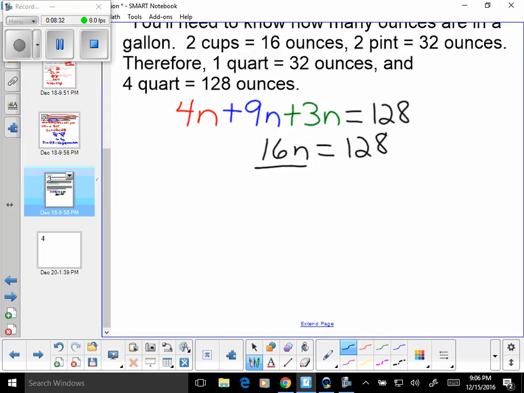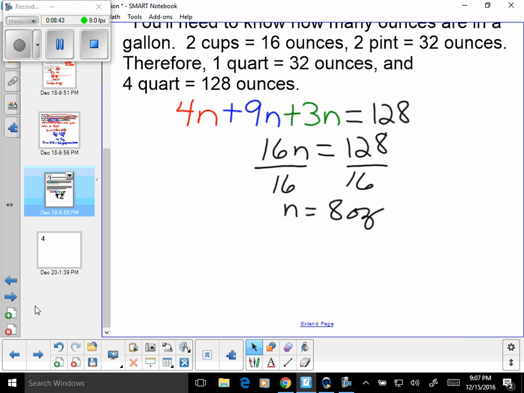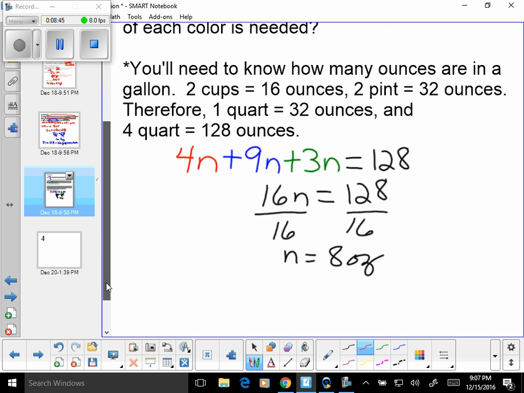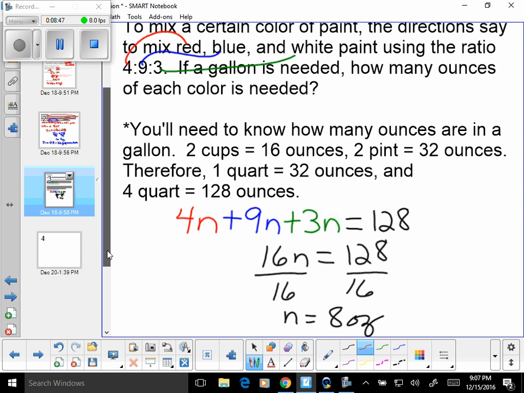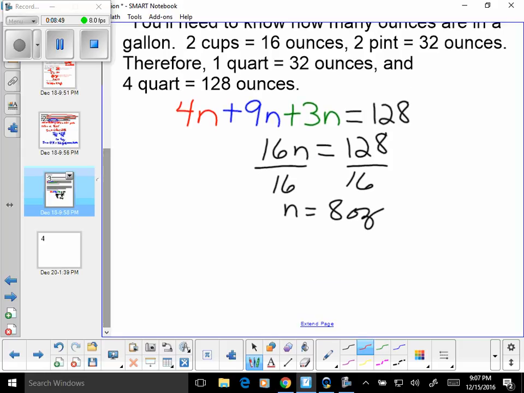Extend the page to give us a little more room. I'm going to divide both sides by 16, and I will get 8. It's actually 8 ounces of whatever paint I'm using. Now you'll note here that the question says, how much of each? So I have to figure out 4n, I have to figure out 9n, and yes, I need to figure out 3n.